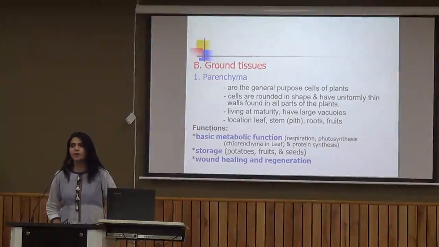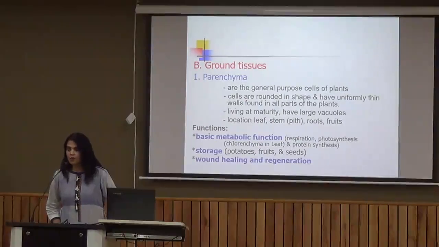Now, the parenchyma is located throughout the plant body. The basic function of parenchyma is storage of food, photosynthesis, etc. The cells are relatively unspecialized and the cell wall is thin. That is the basic structure of parenchyma.